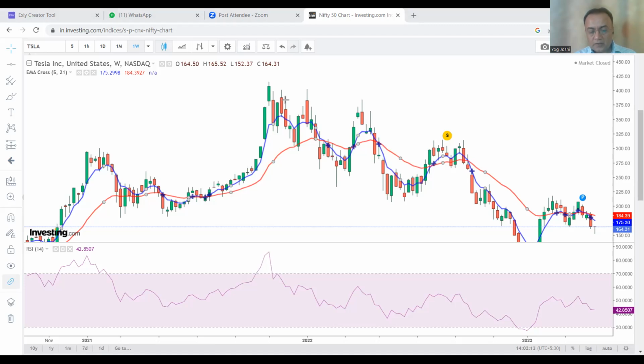Because in any week, generally there are 5 trading days, Monday to Friday. So if we put 5 here as the value, it will give us a weekly moving average, an analysis of the last 5 candles, or last 5 weeks if we are on weekly and monthly.